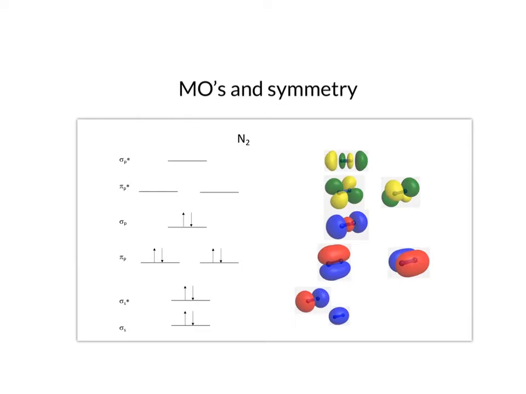And in fact, as your book points out, there's not one set of molecular orbitals that is the true set of molecular orbitals. Each set of molecular orbitals that we come up with is simply a representation of the bonding within nitrogen. So we have chosen to construct our molecular orbitals in a particular way here, and that's not the only way that we could do it.